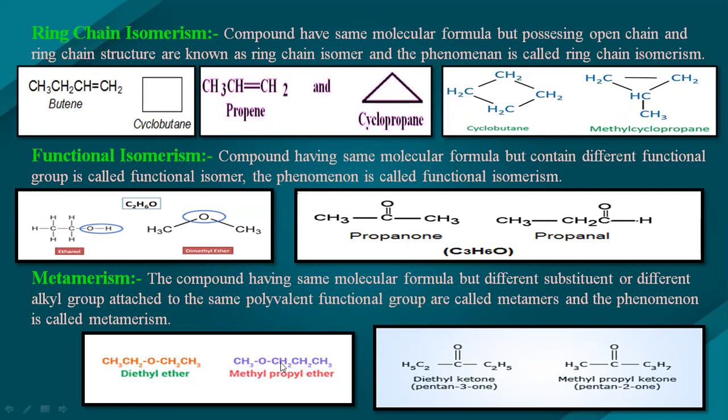But in the second, the ether group contains a methyl group on the left side and a propyl group on the right. If we calculate the molecular formula, it is the same for these two compounds, but the name and physical and chemical properties are totally different from each other.